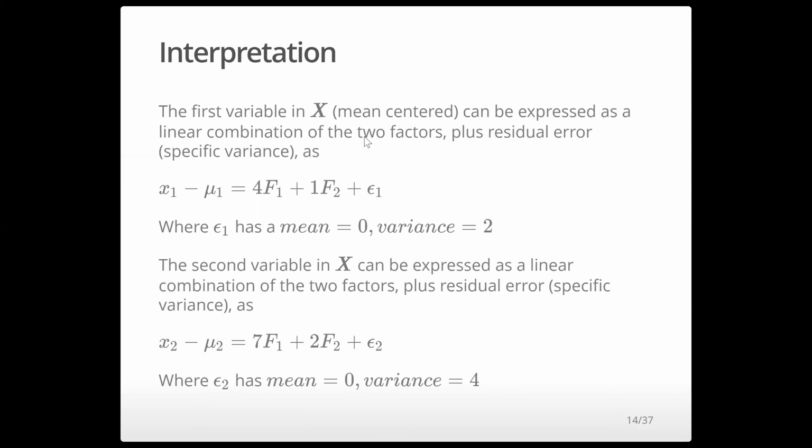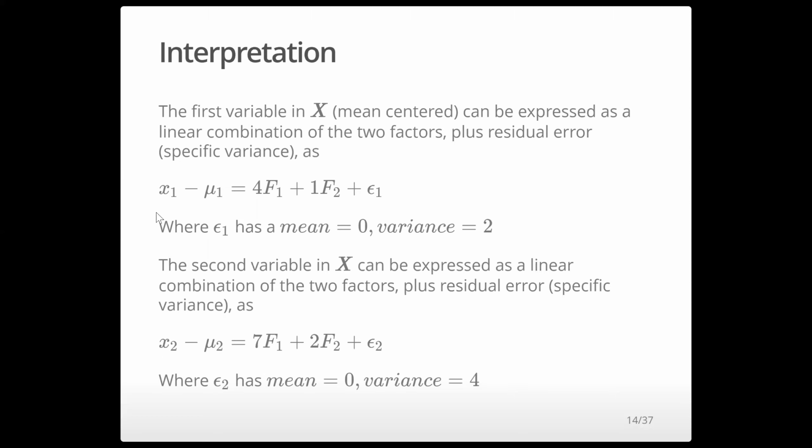The way we would interpret this is that the first variable in X, if we mean center it, so the mean centered X can be expressed as a linear combination of the two factors plus some residual error, which is actually just the specific variability.